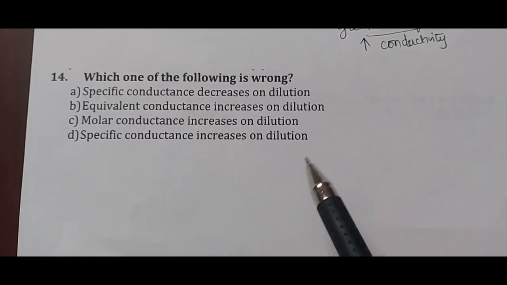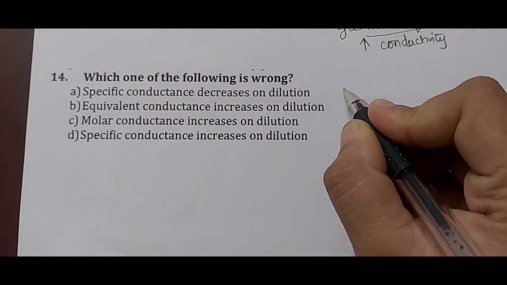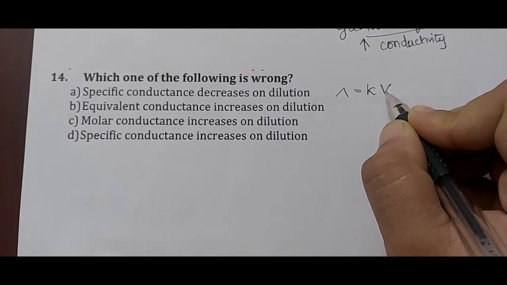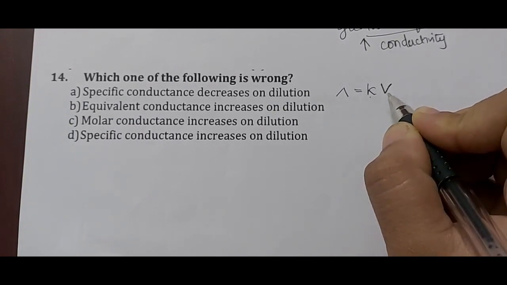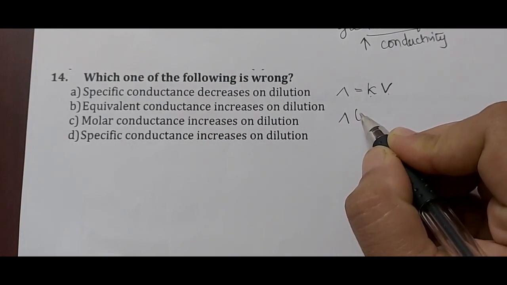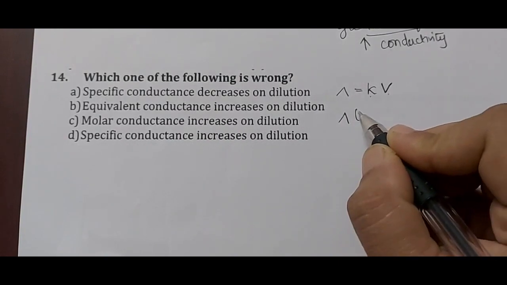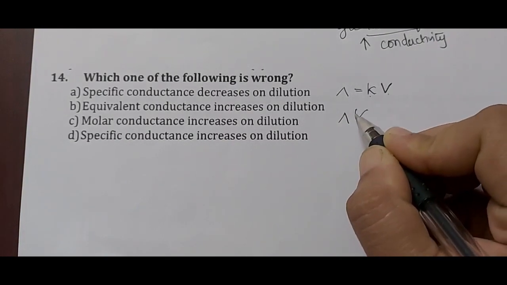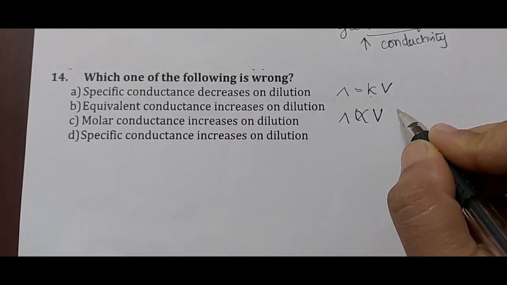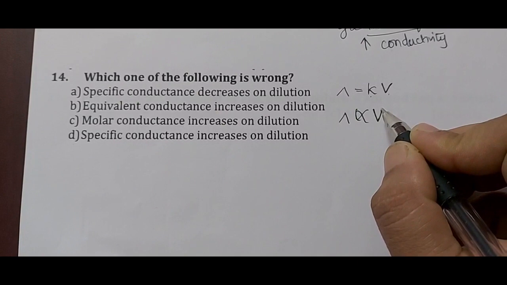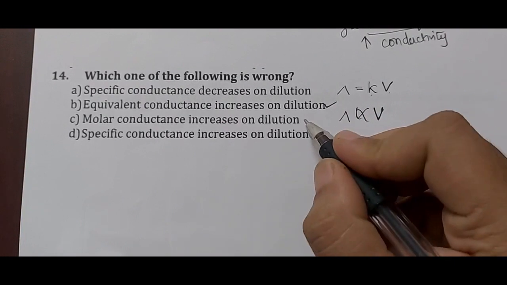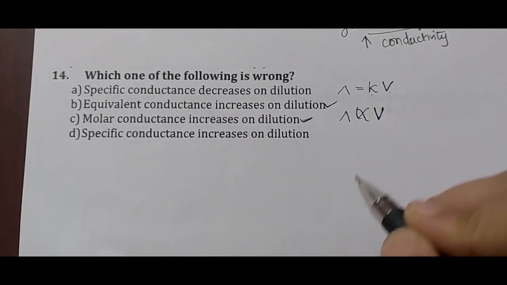If we consider the equation we have already discussed, lambda is equal to kappa, that is conductivity or specific conductance, into volume V. So if you consider lambda in terms of either equivalent conductance or molar conductance, it is directly proportional to volume V. And we know that on increasing the dilution, volume increases. If volume increases, both equivalent conductance and molar conductance increase.